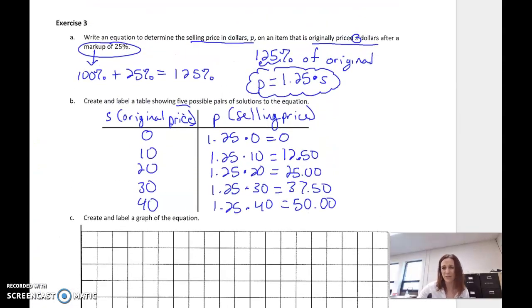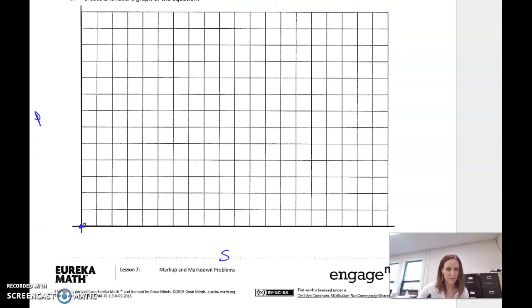S values is going from 0 to 40, so I'll just tell you I'm going to go by 2s. 2, 4, 6, 8, 10, 12, 14, 16, 18, 20, 22, 24, 26, 28, 30, and then that should put us here at 40. Okay, and going up this way, I think I'll go by 5s.